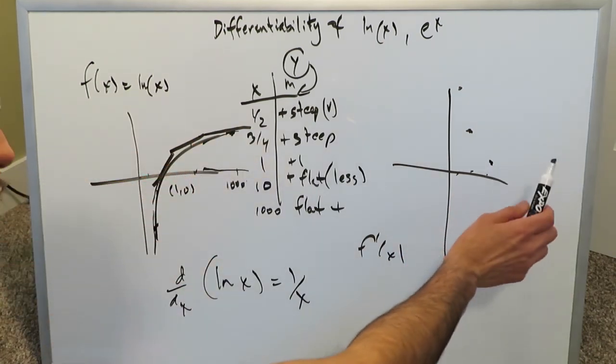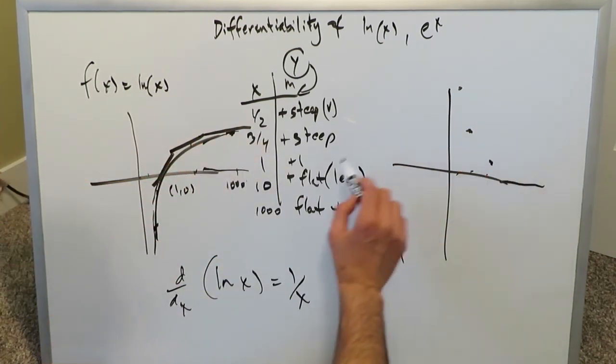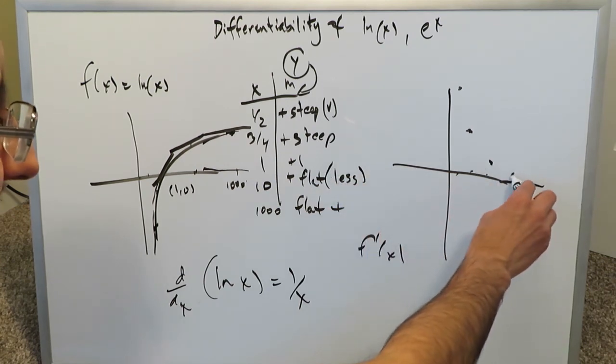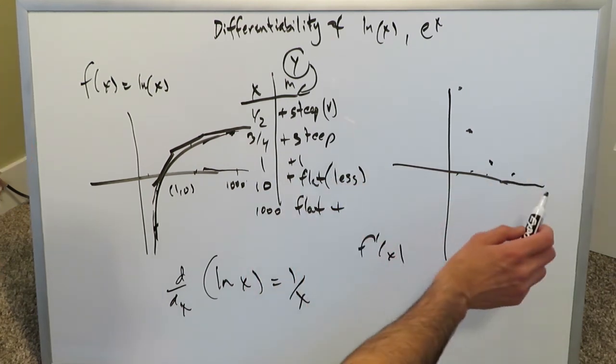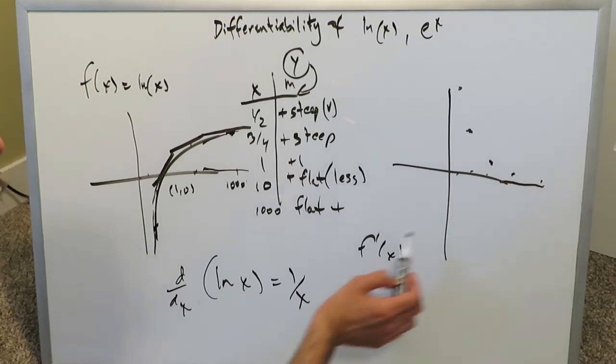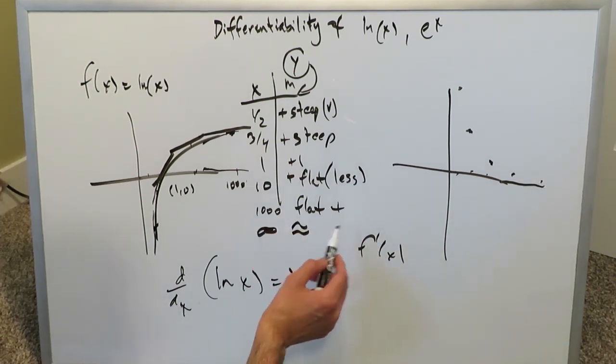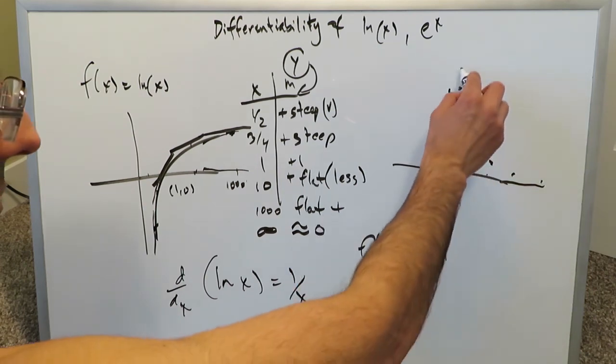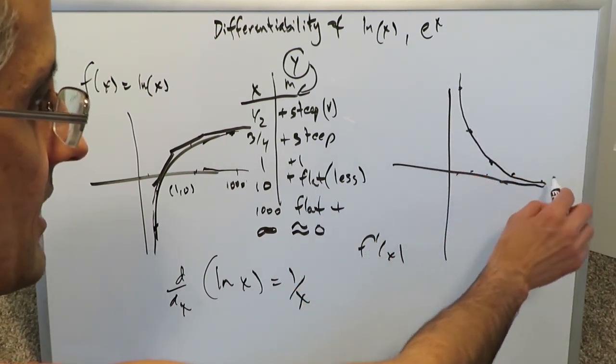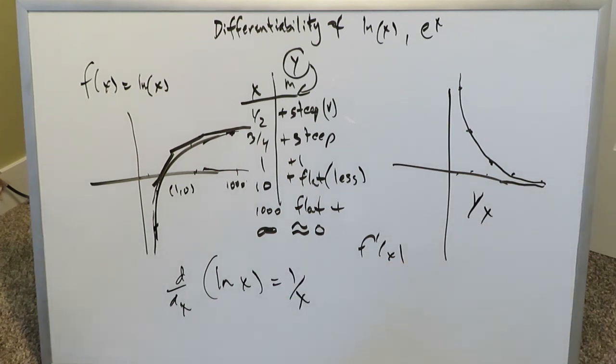At 10, we're not going to draw this to scale by any means. At 10 it's positive, but it's less steep, generally more flat, and going all the way out to 1000 we have very flat, such that as we approach infinity, the slope of the tangent lines will really be approaching 0. You can see the curve comes out like this, and this happens to be the curve of 1 over x, a hyperbola.